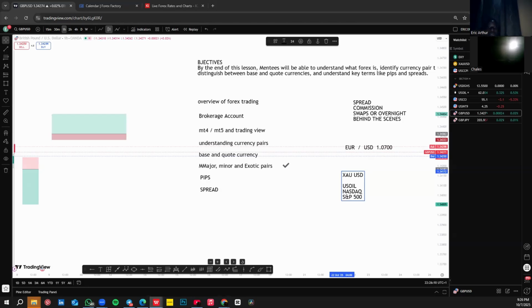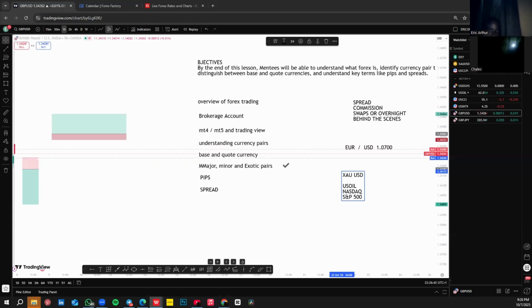So the Nasdaq is a major American stock exchange, known for its high concentration of technology and growth companies. In terms of tech activities, it's Elon Musk and all those companies, Tesla.